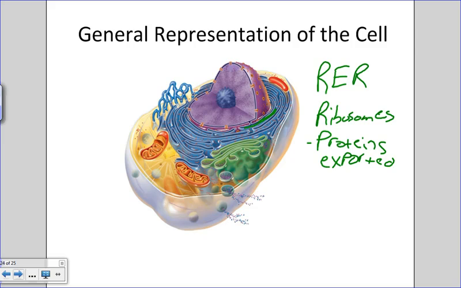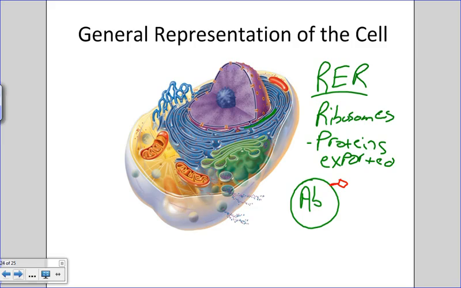So for example, let's apply this to the rough endoplasmic reticulum. Let's say you're talking about a B cell. B cells are cells that we use to produce antibodies. You guys know that antibodies are proteins that we use to combat infections and illnesses. So let's say you've got a viral infection, you've got the flu.